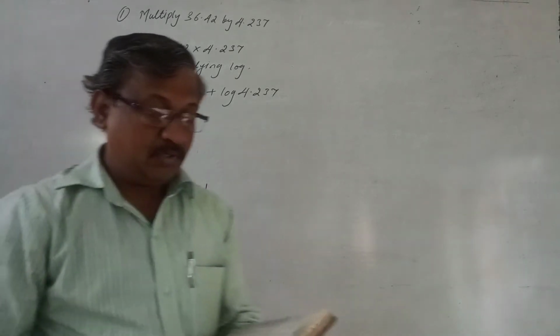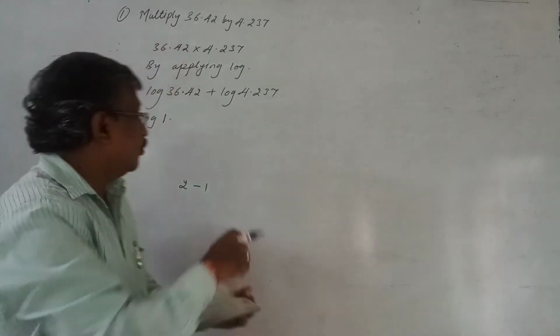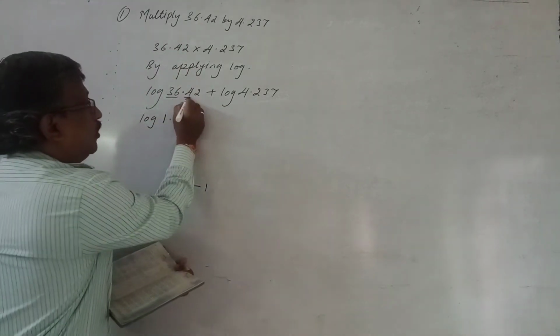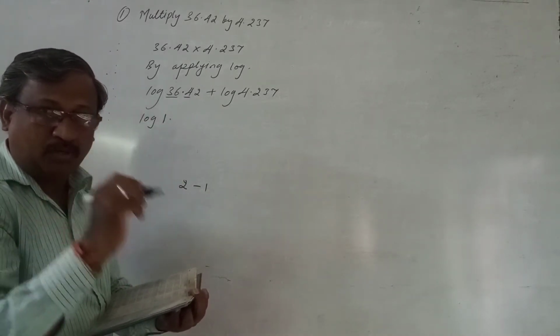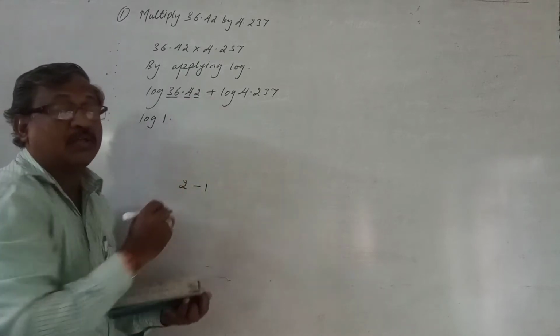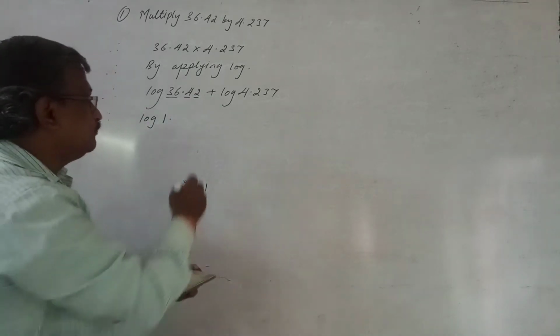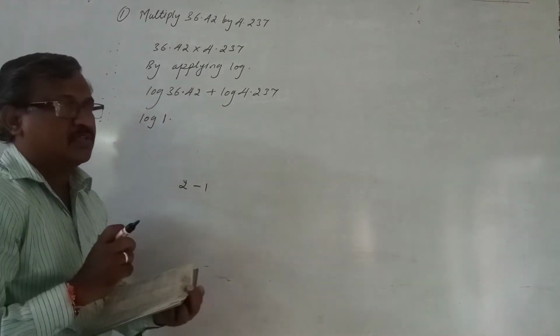How to see in the logarithm book I have told. In the logarithm book, always you have to see the first two digits in the first column, the third digit in the respective columns from 0 to 9, and the last digit always in the last column, the mean difference column, right? So you see 36, fourth column, mean difference second column.